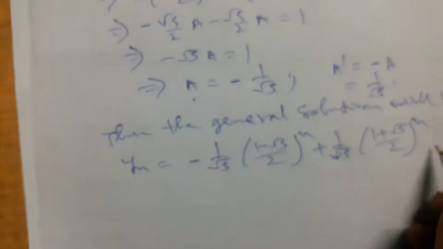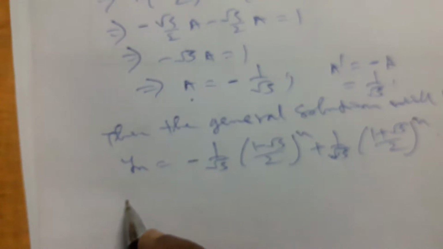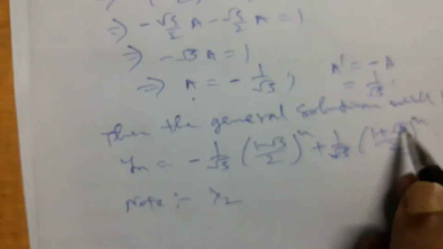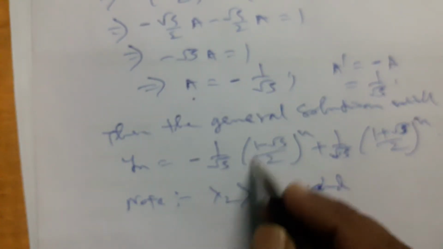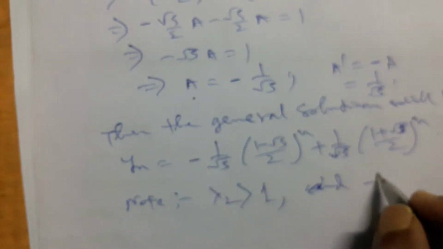Here we observe that for lambda 2, (root 5 plus 1)/2 is greater than 1, and for lambda 1, it is negative, with minus 1 less than lambda 1 less than 0.